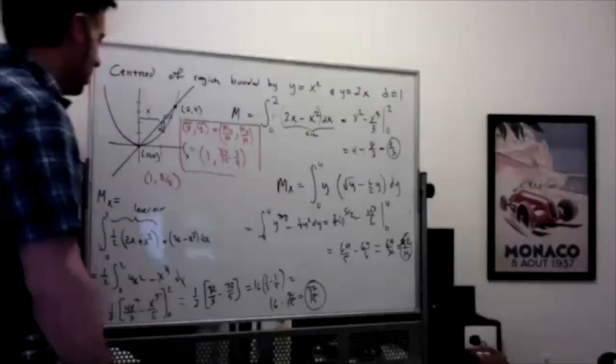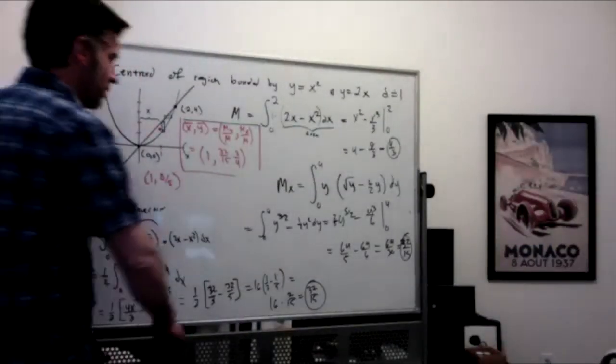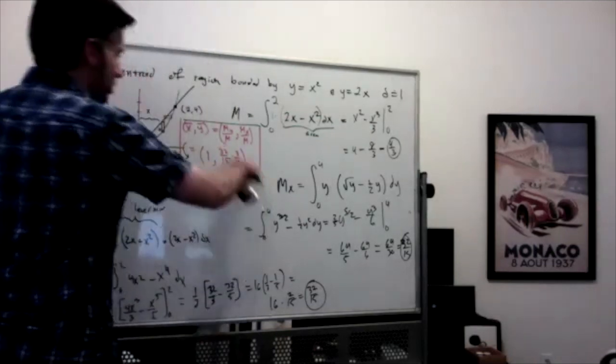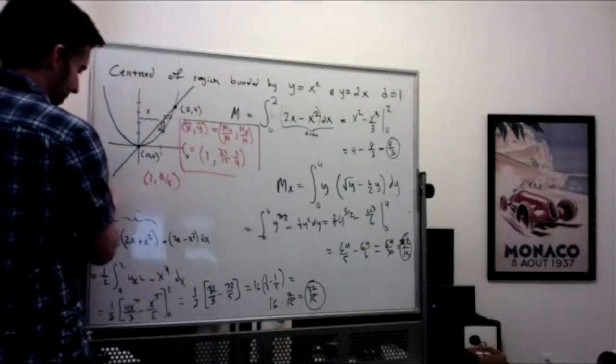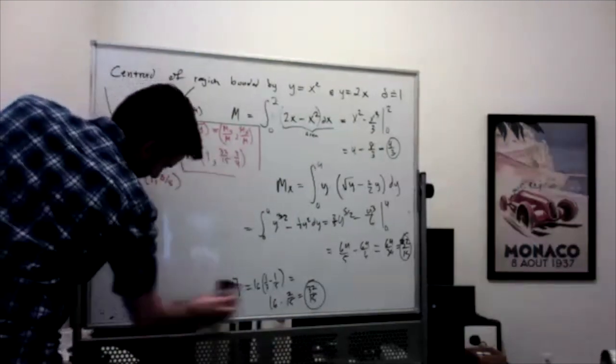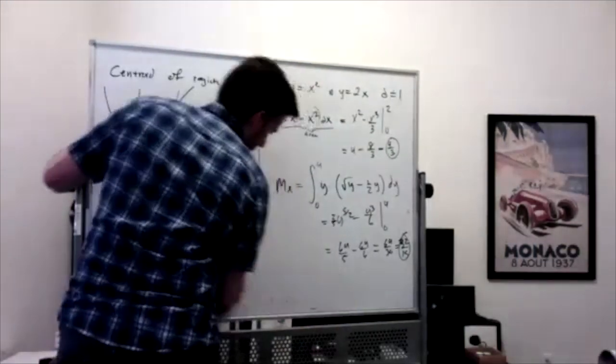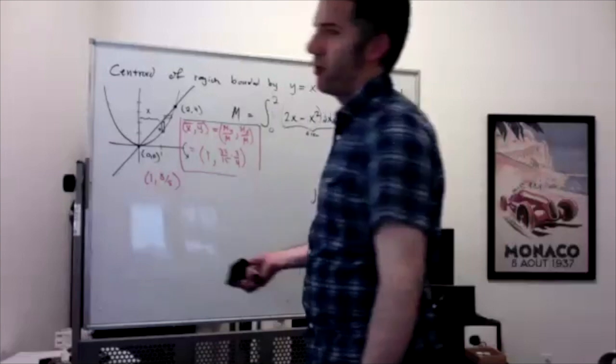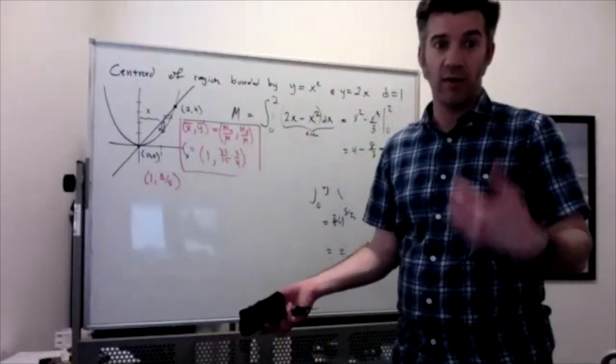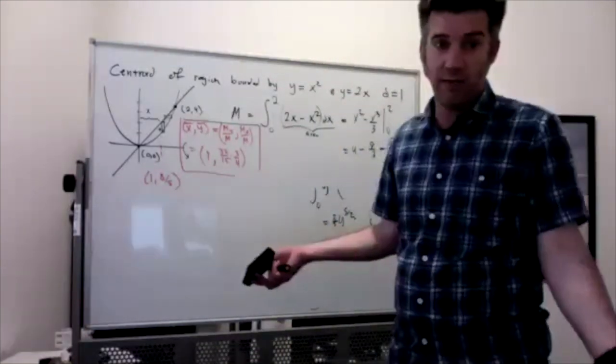You're welcome. The other thing I want to say about this is we could then use our centroid, which is (1, 8/5), to find the volume of the solid generated when we revolve this region around any kind of axis you like.